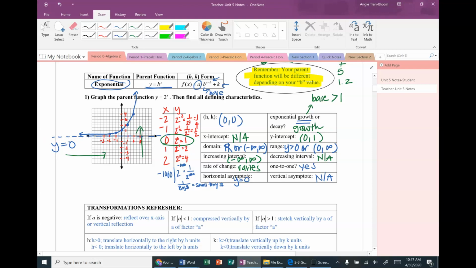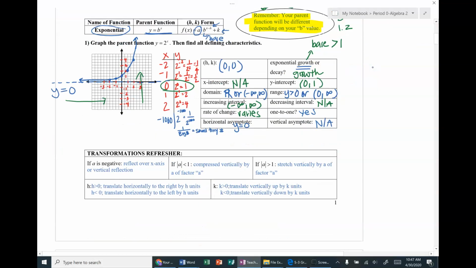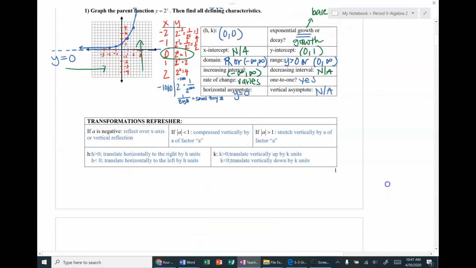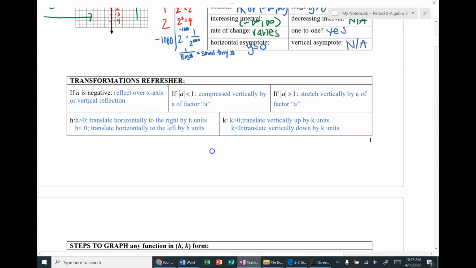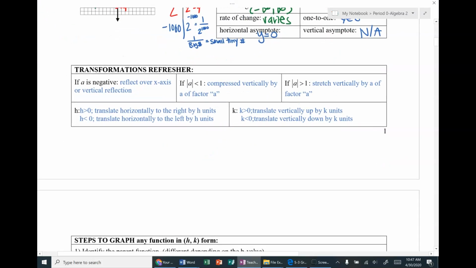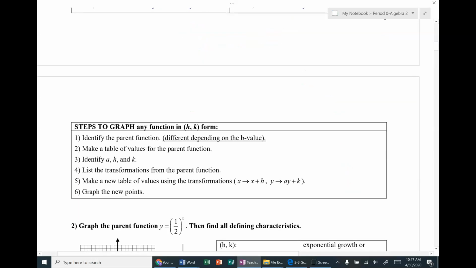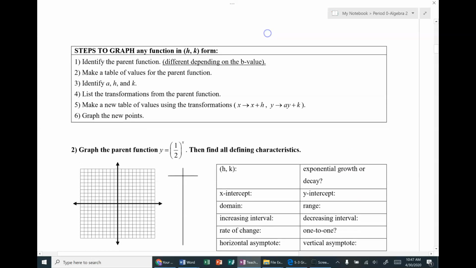Okay, so this is your asymptote, y equals 0. For now, let's fill out the blank space on your notes packet. This is a refresher of all the transformations. You can pause and finish writing if you need to, but I'm going to move on. Steps to graph any function in HK form.